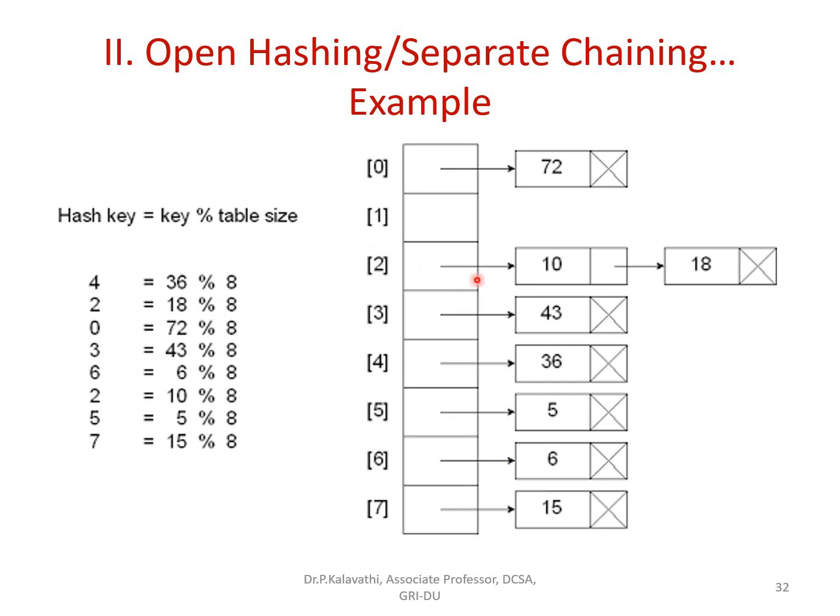In the case of element 18, first it creates a list for index 2. If the same index occurs a second time, that key value will be inserted at the beginning of the previously created list and it will be directly pointed to from the corresponding position of the hash table. In this way, open hashing or separate chaining works.